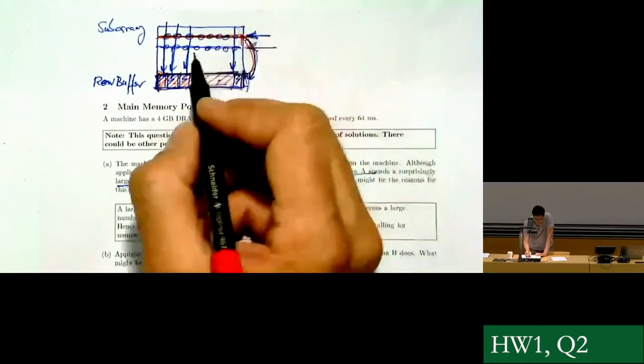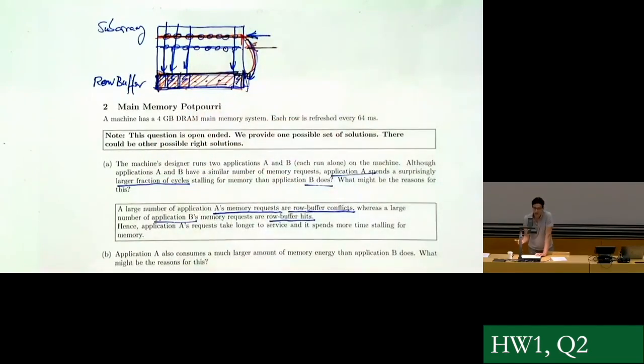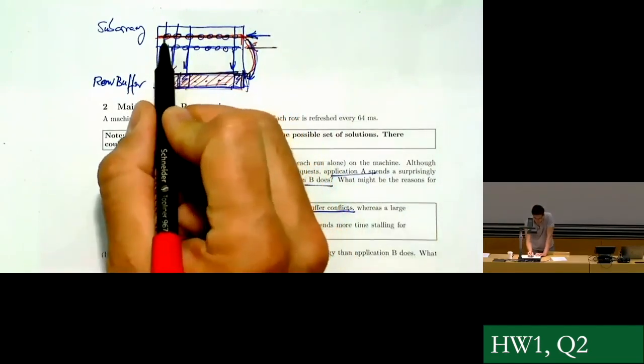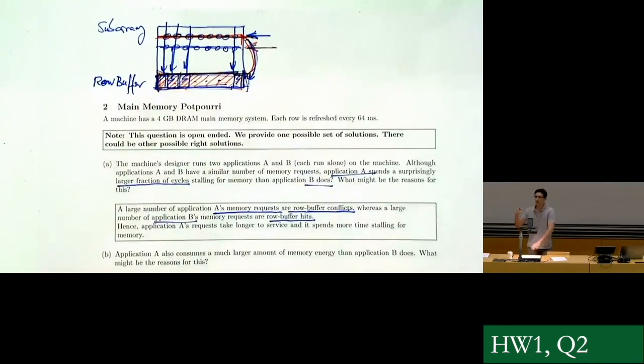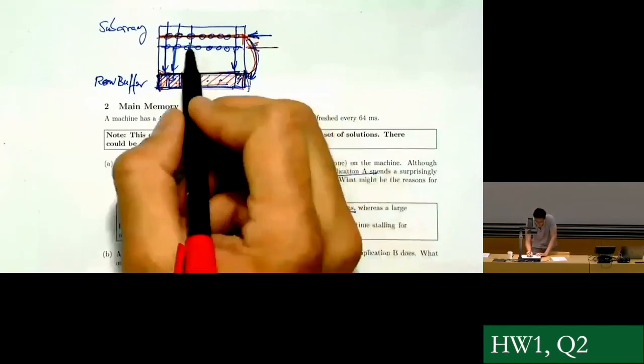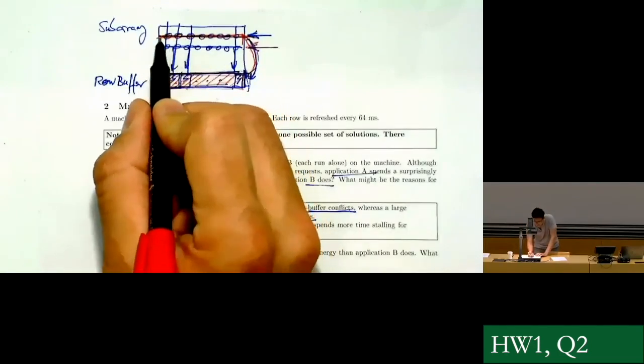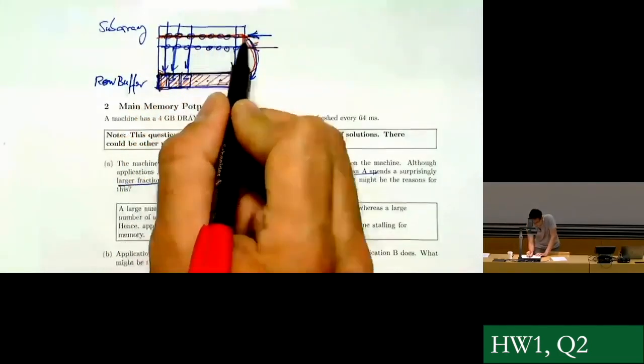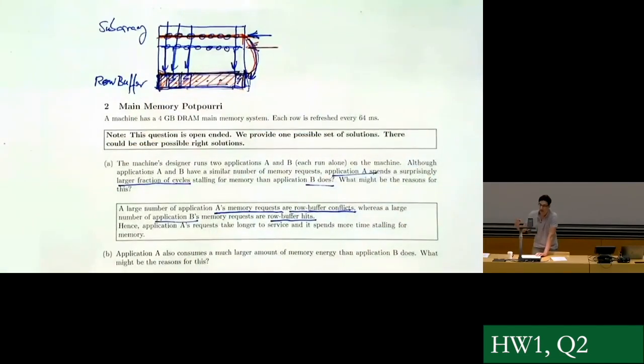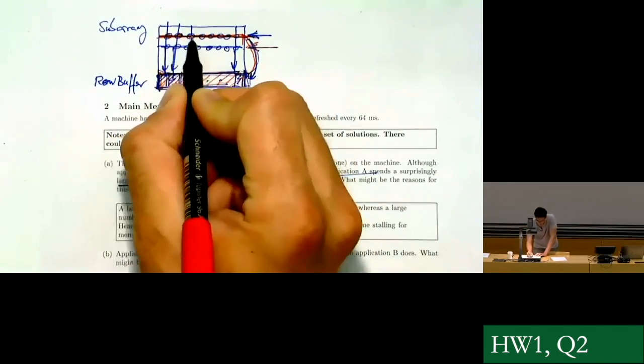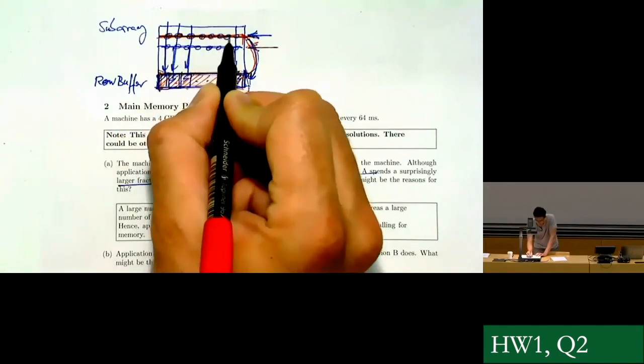So the charge of the capacitors is full, and it wouldn't be necessary to refresh. Let's say the refresh cycle happens right after this row has been pre-charged. It wouldn't be necessary to refresh this row because it has just been accessed, so the corresponding cells have all the charge.